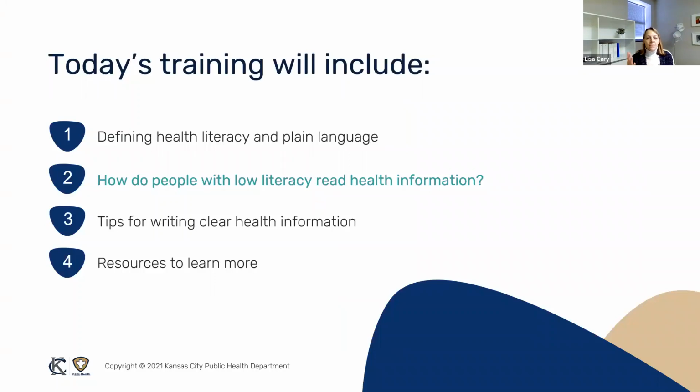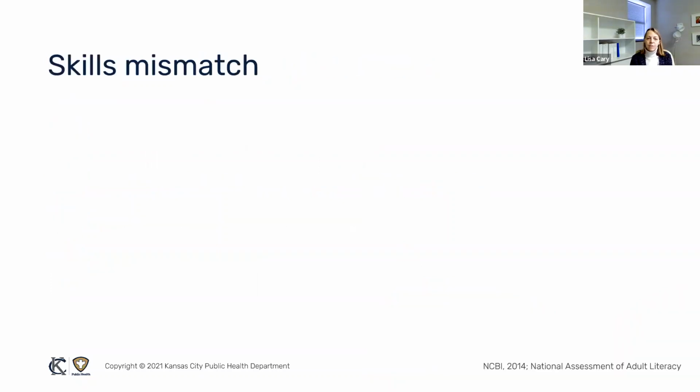Okay, so that's our look at health literacy and how it affects us daily. Now let's take a little look at how people read, especially those with low literacy. So we touched on this a little bit in last month's training, but it really does bear repeating.